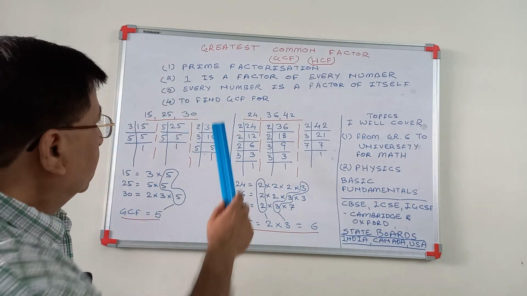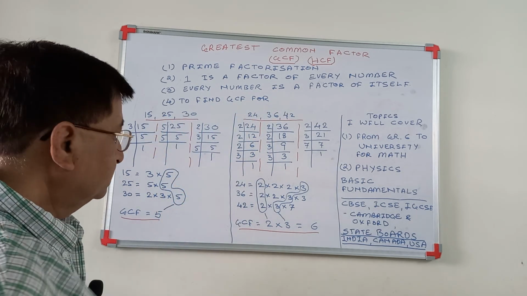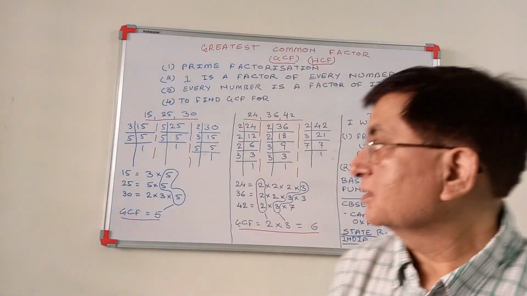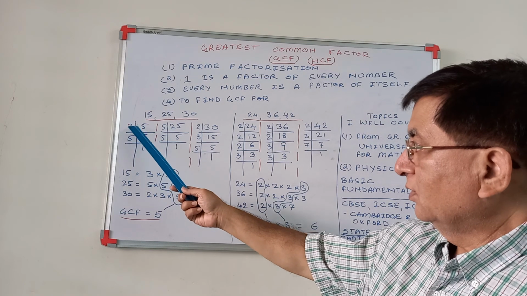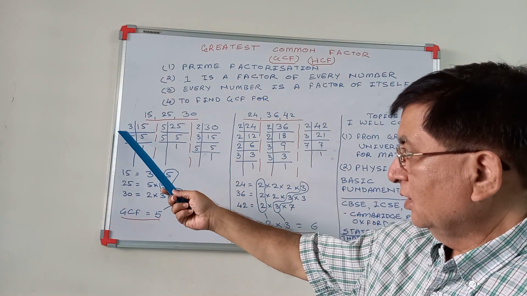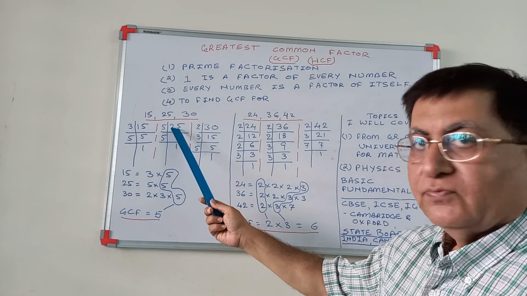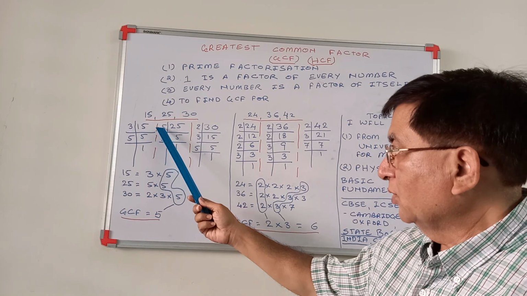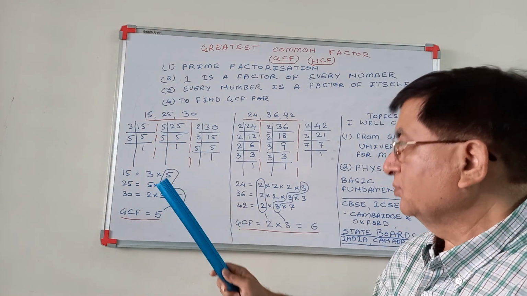This is very important for finding the factor. Now let us find the GCF for 15, 25 and 30. So how do we find that? For 15, we can divide by 3, so 3 and 5 are the factors of 15. For 25, we can divide by 5 and 5, so the factors of 25 are 5 times 5.